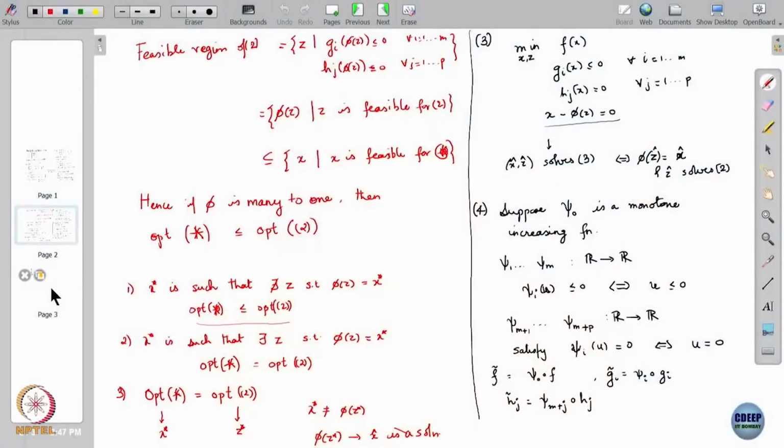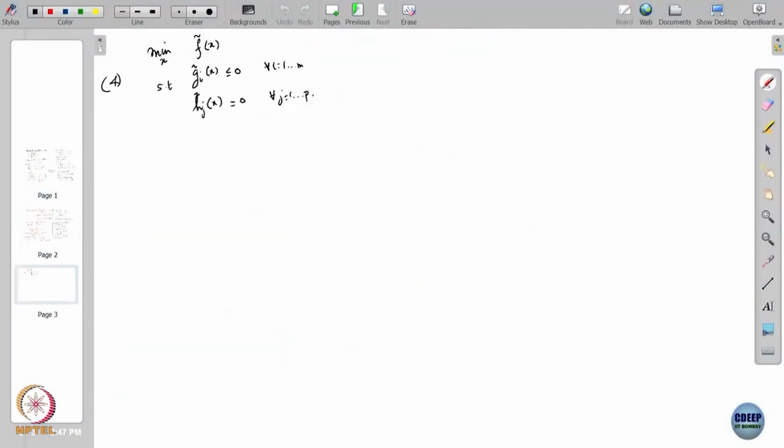Suppose I have an x that is feasible for 4. Let us start with 4. Which means it satisfies all the inequality constraints and all the equality constraints. Now, g i tilde of x is less than or equal to 0. Let us take this just as an example.